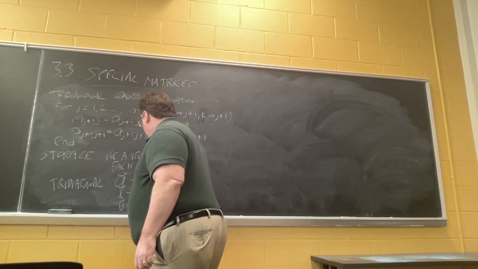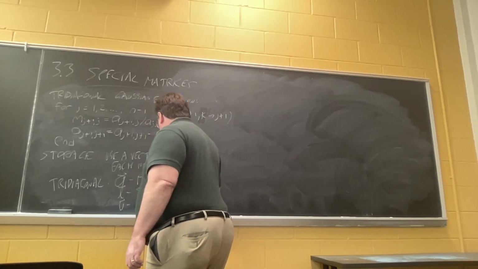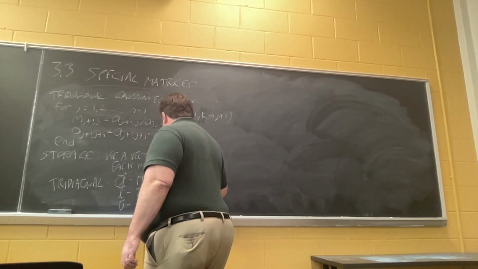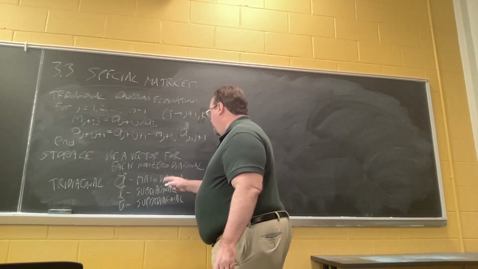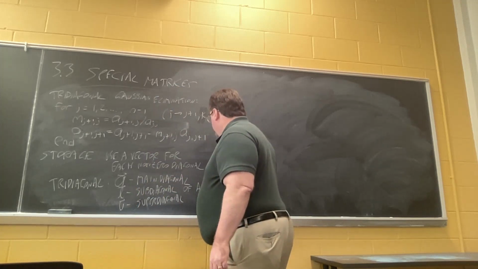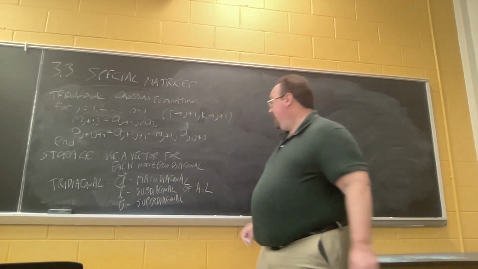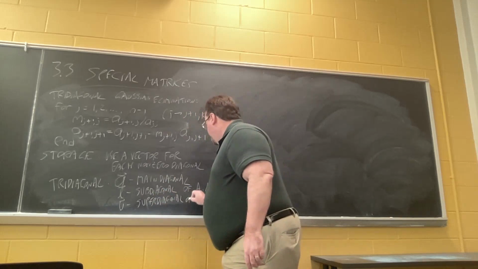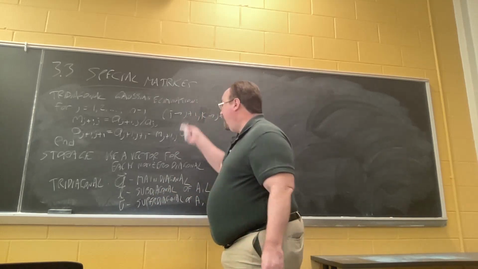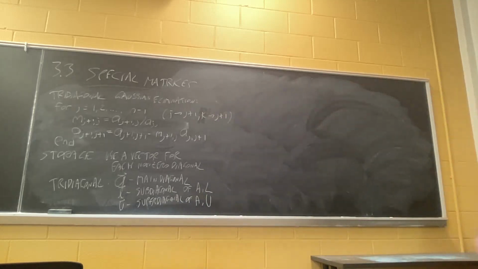And then U for the superdiagonal. L will be the subdiagonal of A at first, and then the subdiagonal of L after modifying it. Same thing here. U will at first be the superdiagonal of A, and then after this is finished, it'll be the superdiagonal of U. So we're going to overwrite.